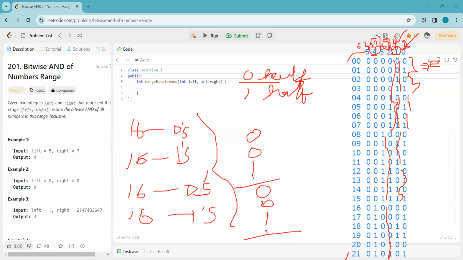Can we say that if our range is greater than 4, then for the first bit position our value will always be 0? Since the range is greater than 4, we will definitely have two zeros and two ones in this pattern, in the first bit position.